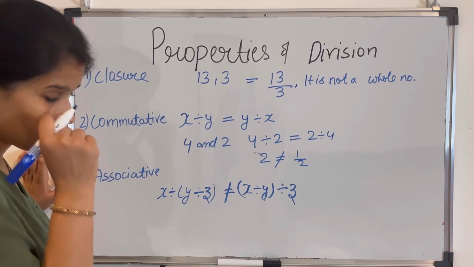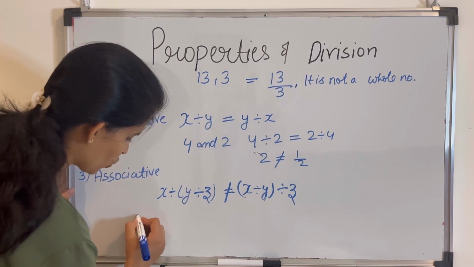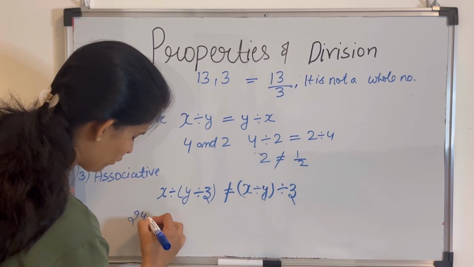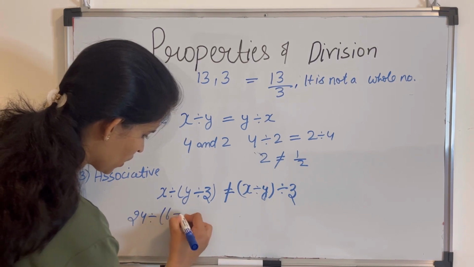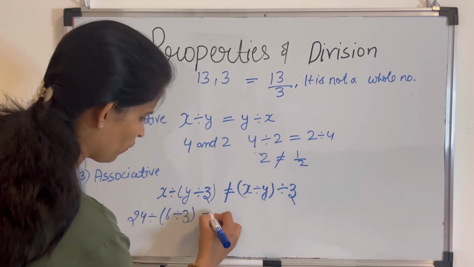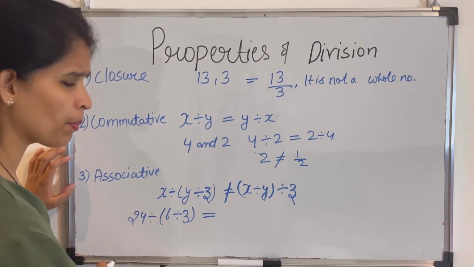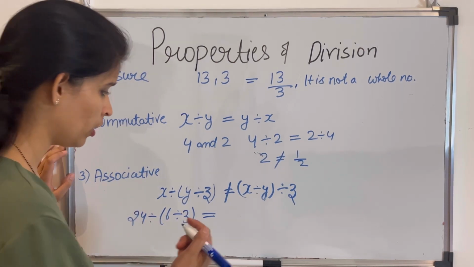So if I take the example 24 divided by 6 divided by 3. I'm just giving you this example to see whether this property holds or not.